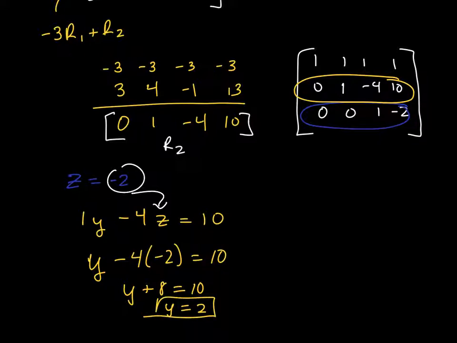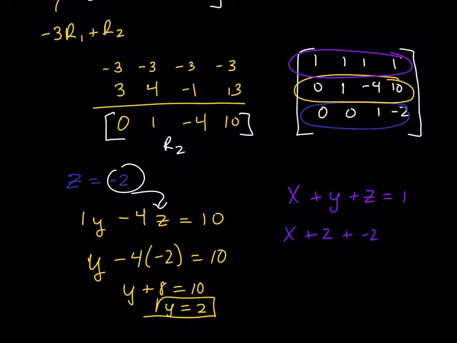That's the second value that I need. Now I can go through and find out what x is. I find out what x is by using my top row, which was just x plus y plus z equal to 1. I don't know what x is, but y was 2, and z was -2.